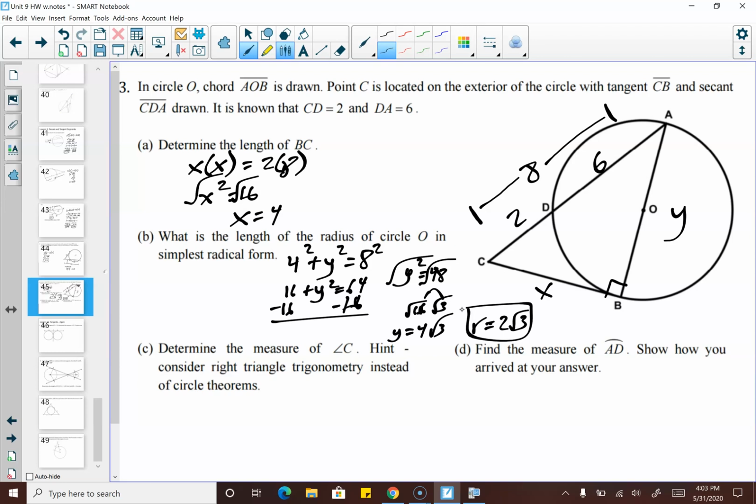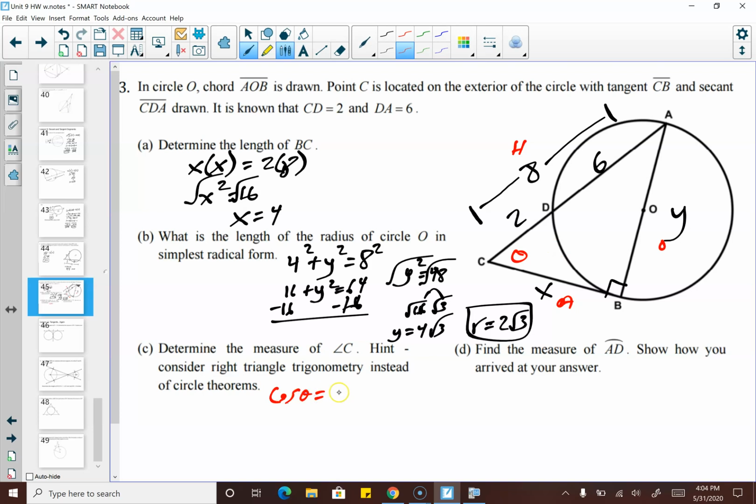Determine the measure of angle C. Consider your right triangle trigonometry instead of circle theorems. So again, we're dealing with a right triangle here. So if we are going to find that, we'll call it theta. You could use either the 4 square root 3 that you found. So you'd have your opposite, you'd have your adjacent, and your hypotenuse. But rather than use the radicals, I'm going to use adjacent and hypotenuse, which would be cosine.